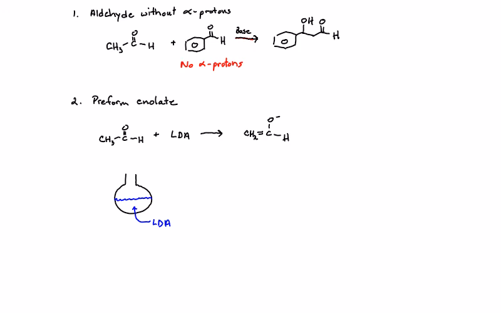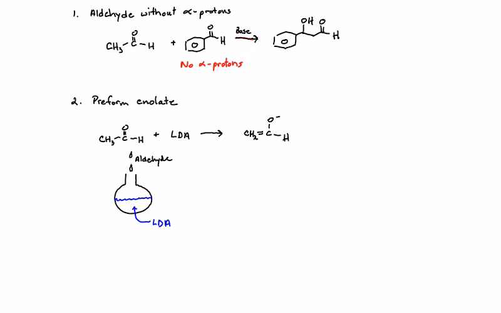And then what we do is we drip in the aldehyde. Okay, and the idea is that the moment that that aldehyde hits the solution with the base in it, it immediately gets deprotonated. And because we're only adding very small amounts of the aldehyde at a time, there's no opportunity for it to react with other molecules of aldehyde that have not been deprotonated.